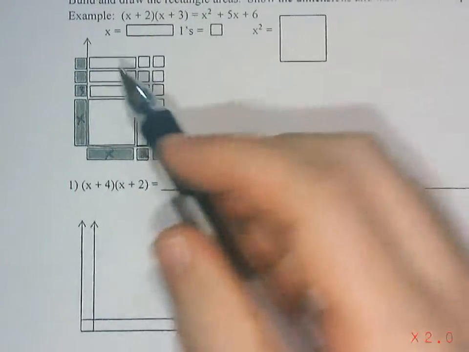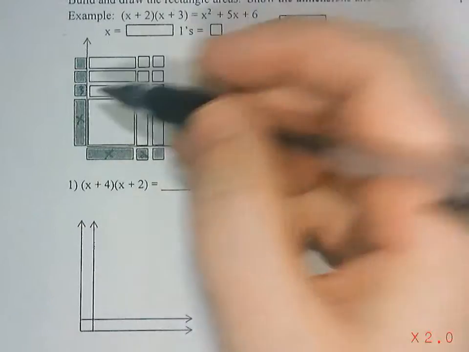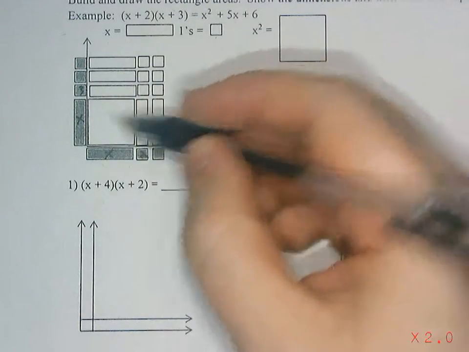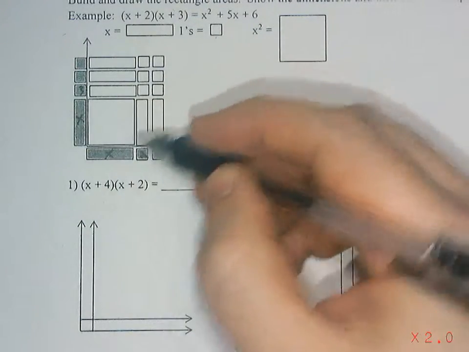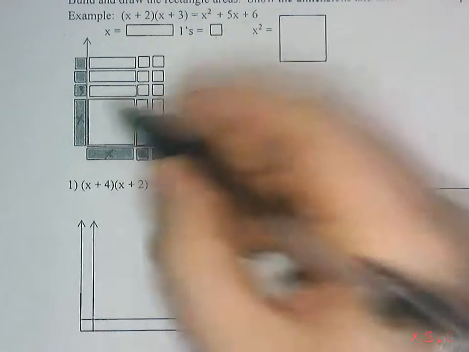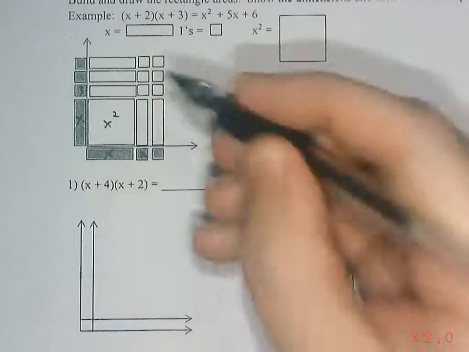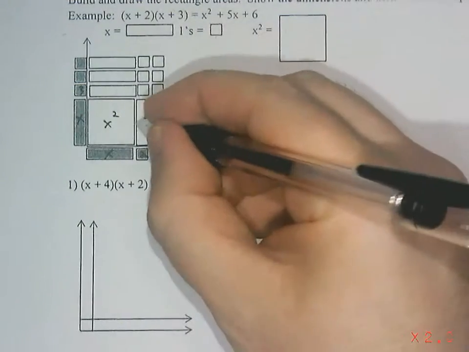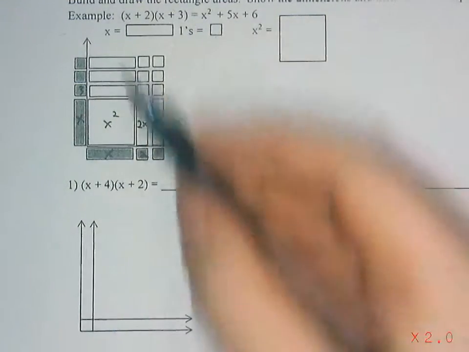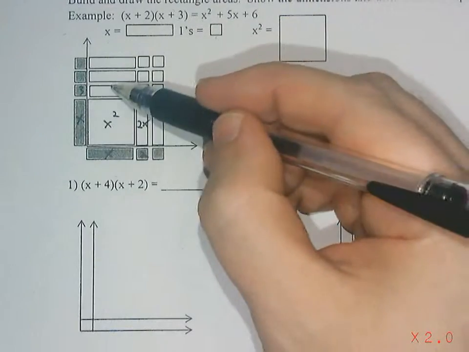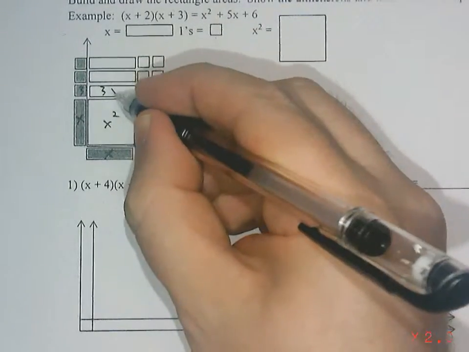So now basically all we do is we just go through and multiply this number by each of these 2 numbers below it. So x times x is going to be x squared. X times 2 is 2x. Okay, and then we do the same thing up here. 3 times x is 3x.